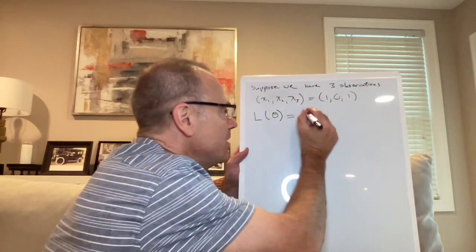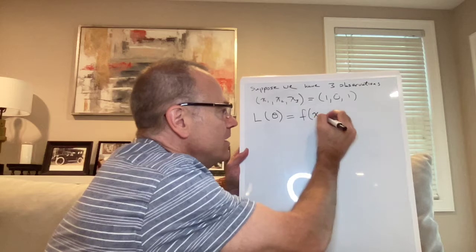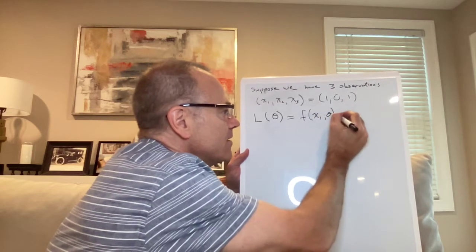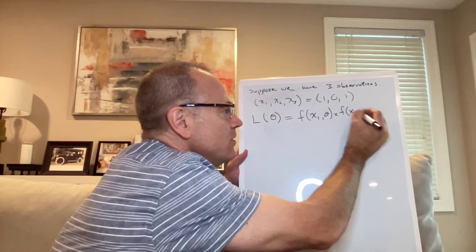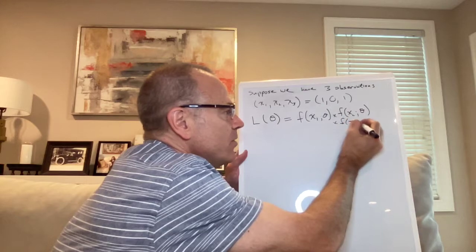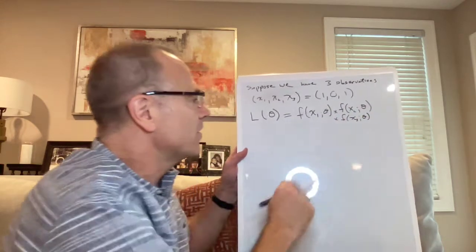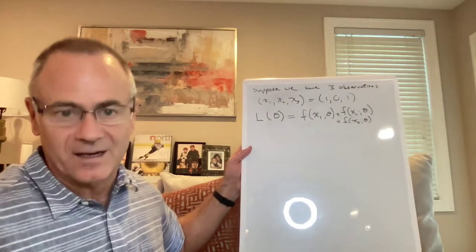So with 3 observations, the likelihood is f of x1 given theta times f of x2 given theta times f of x3 given theta. That's where the assumption that the observations are independent comes in.